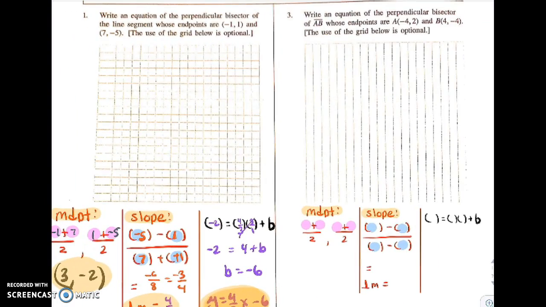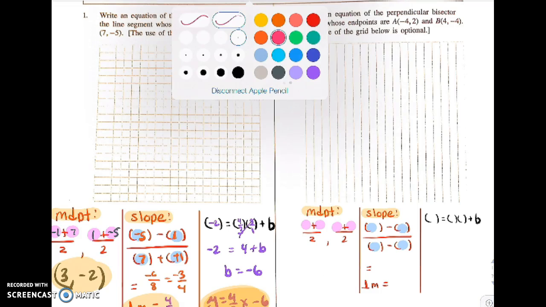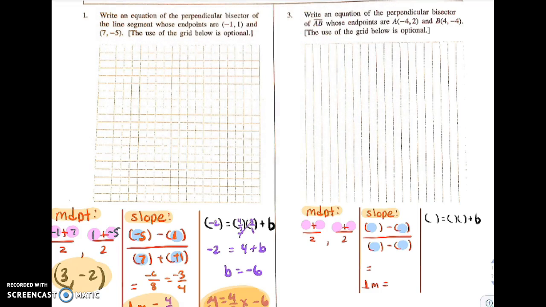Number 3, the midpoint would be -4 and 4, which is 0 over 2, which is 0. And then 2 plus -4, add up my y's, which is -2 divided by 2 is -1. That's my midpoint.